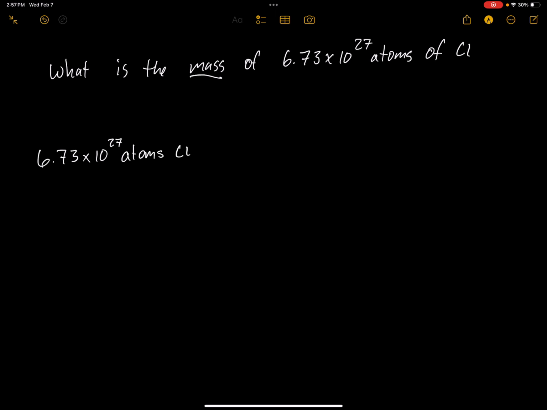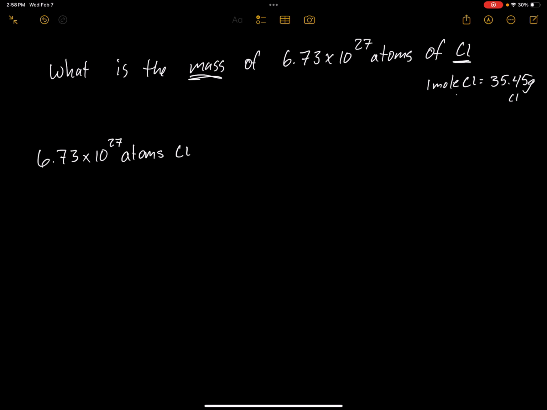Now, when it says mass, I don't know how much the mass of a singular atom of chlorine is. The periodic table actually tells me instead, more specifically, what the mass of a mole of chlorine is. So it says that the mass of 1 mole of chlorine equals, I think it's 35.45 grams of chlorine. Okay, sorry, I had to write that on another line.